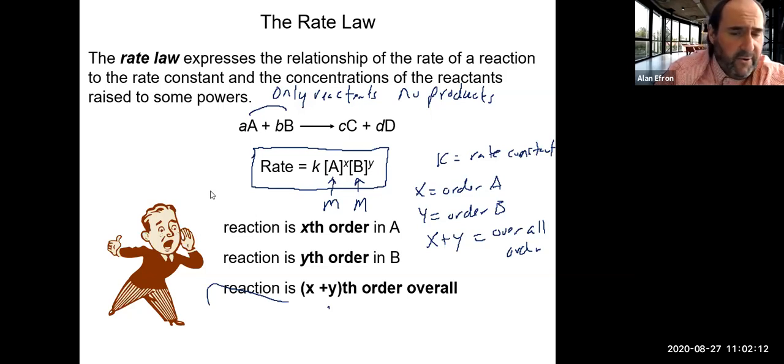It could tell you a second order where perhaps you have two reactants each reacting together in a one-to-one relationship, or maybe it's second order where you have one reactant reacting in that fashion. Now, x and y are not the coefficients in the balanced equation.